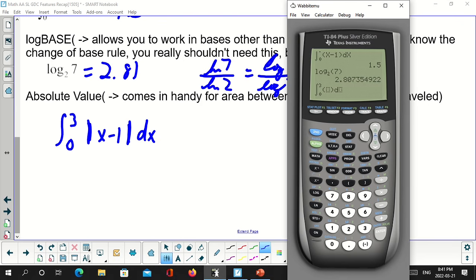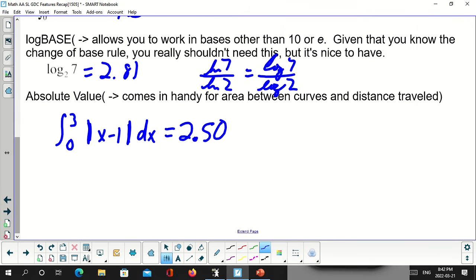And now I'm going to go ahead and say alpha, window, and get those absolute value brackets. That's the first one, ABS. And I can type in x minus 1 dx. Often this is a little more computationally heavy on the calculator, and it has to think for a second, but it's going to give me 2.50. Or in this case, it would be exactly 2.5.